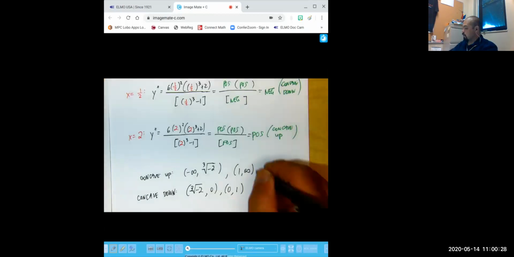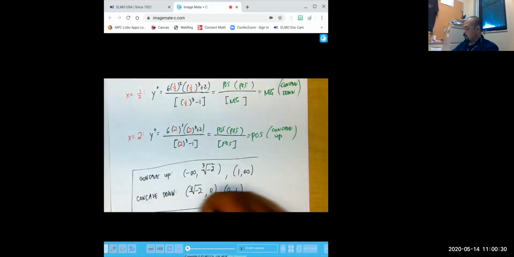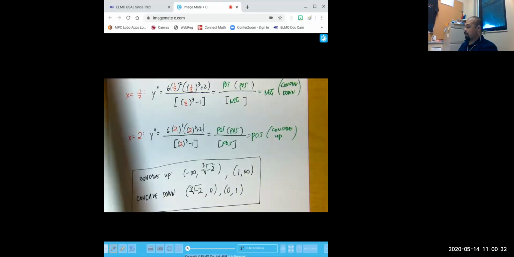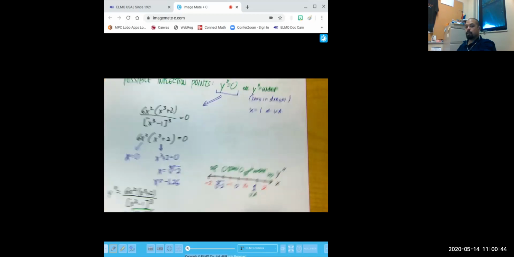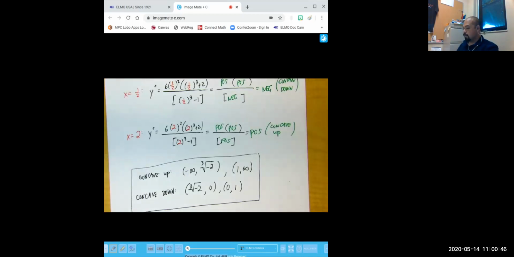So there's our intervals of concavity. The only time we actually change concavity from concave up to concave down, other than at a vertical asymptote, we get a point there at that cube root of -2.